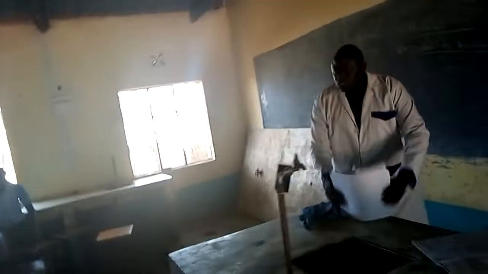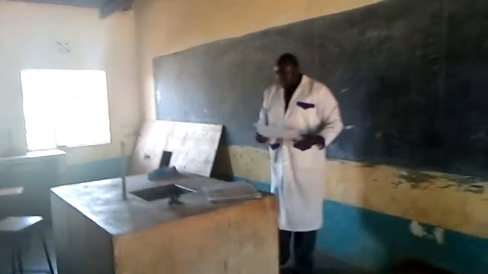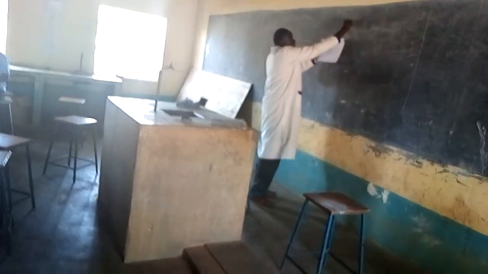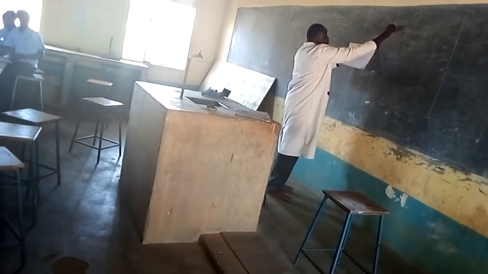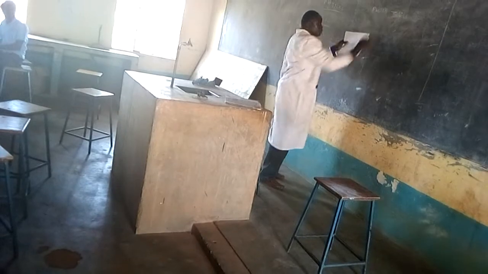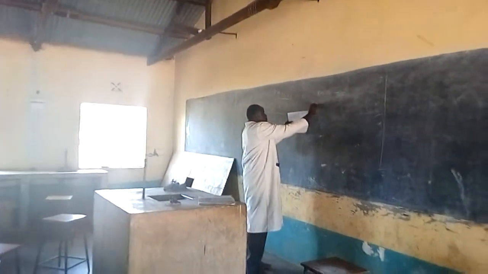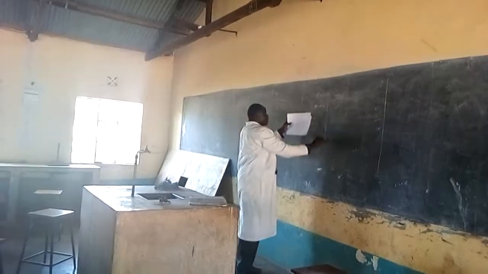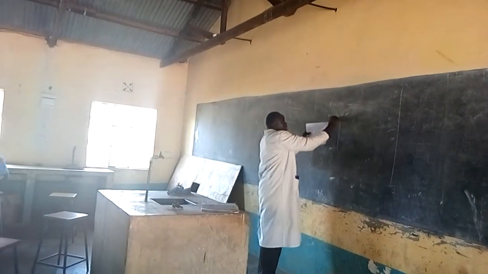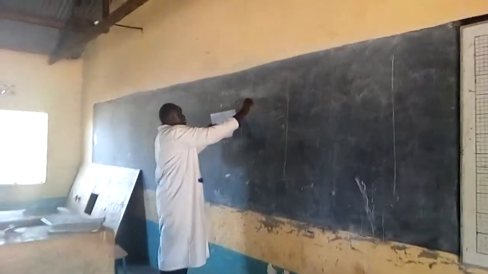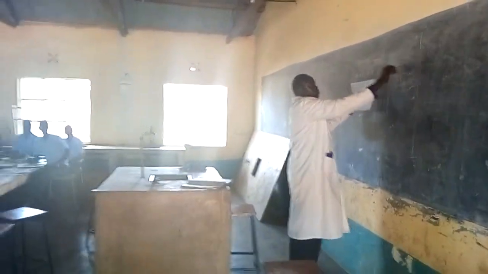I think we can use this data to establish what we have here. So if you look at the table here, you are supposed to identify the initial position of the pointer, which was in centimeters. Then you are given the mass in grams, force in newtons, extension in centimeters, then extension in meters.